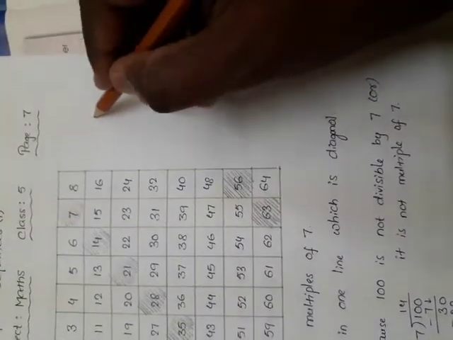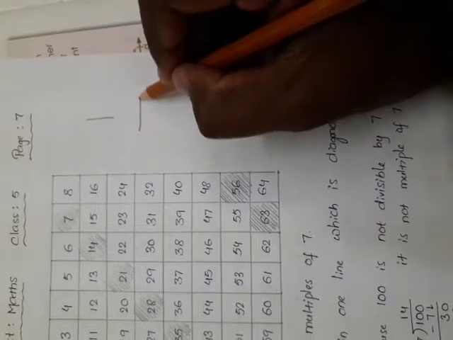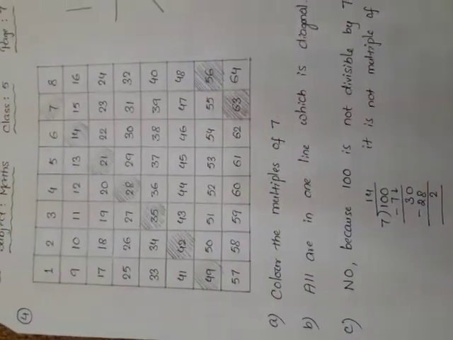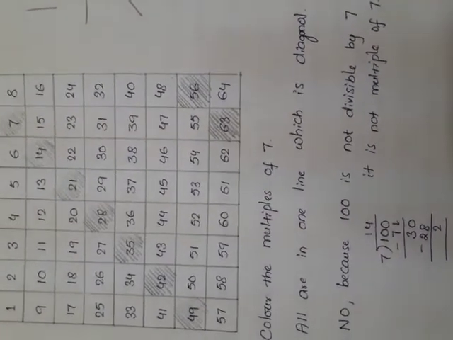Vertically means from up to down, horizontally is side to side, and this is called diagonally. So what do you notice? All are in one line, which is diagonal. Okay, now if you continued the sequence, would 100 be in the sequence or not?